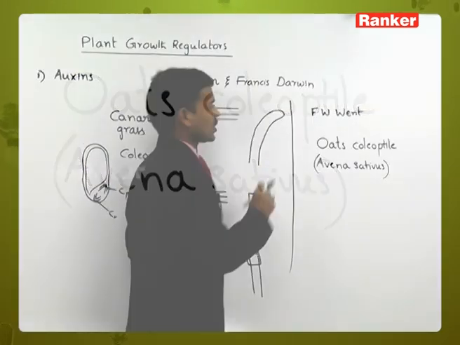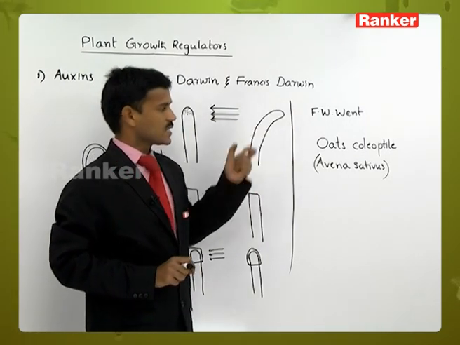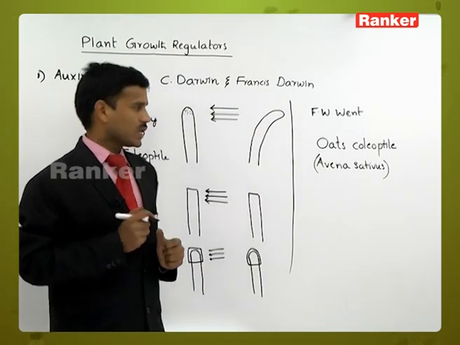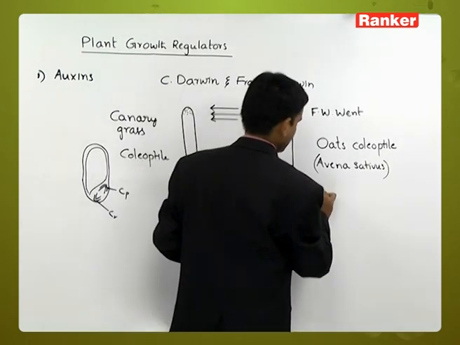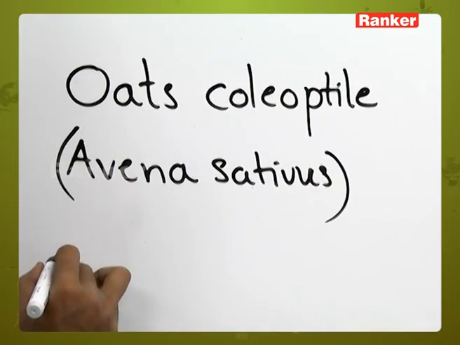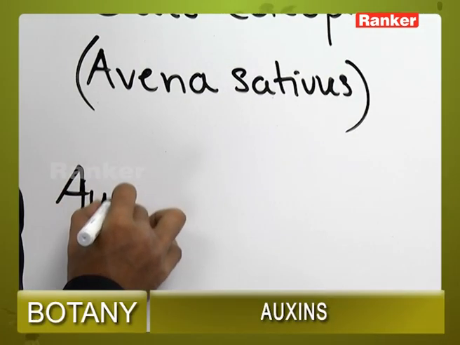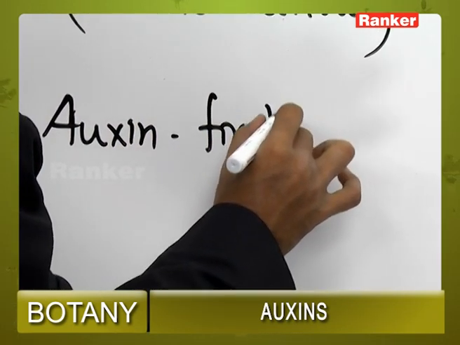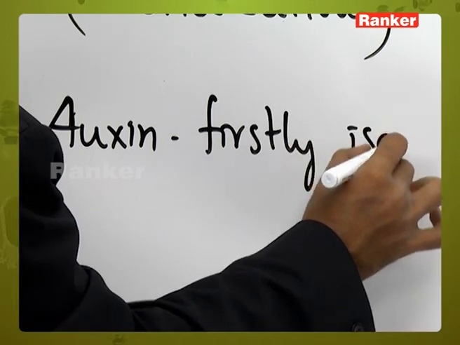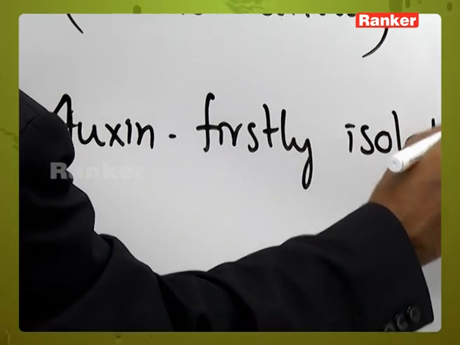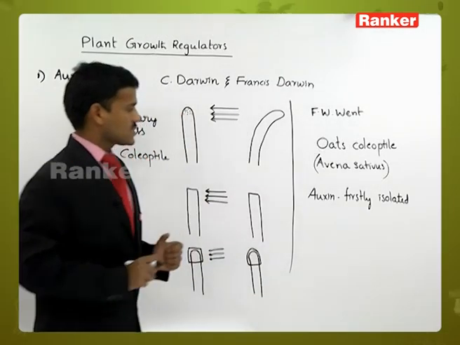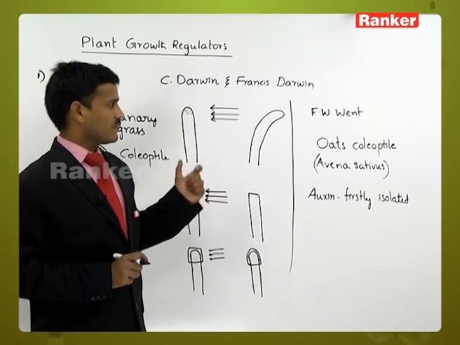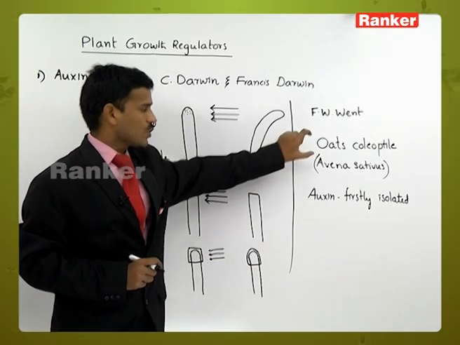From the tip of the monocot plant coleoptile, he extracted or isolated the auxin. So auxins were first isolated by Went from oats coleoptile.